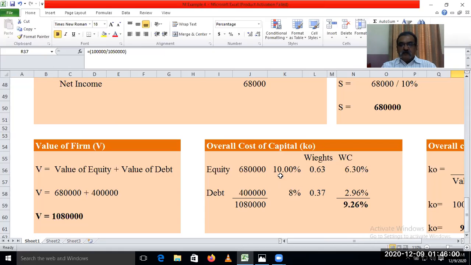Weighted cost is specific cost into weight: 10% into 0.63 is 6.3%, and debt 8% into 0.37 is 2.96%. And the total cost of capital, or overall cost of capital, or overall capitalization rate, or weighted average cost of capital, is 9.26%.